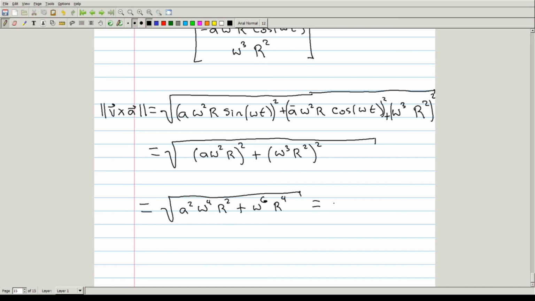which is the same thing as omega squared times R times the square root of A squared plus omega squared times R squared.